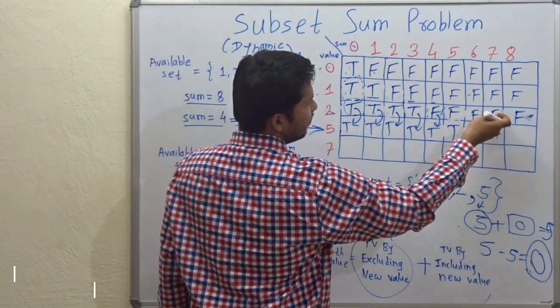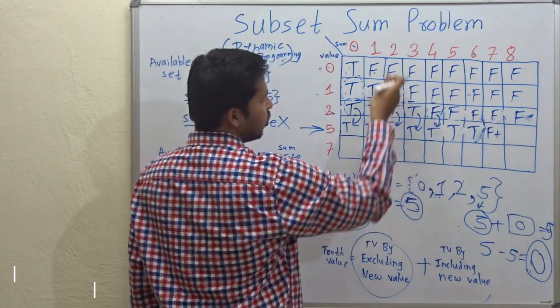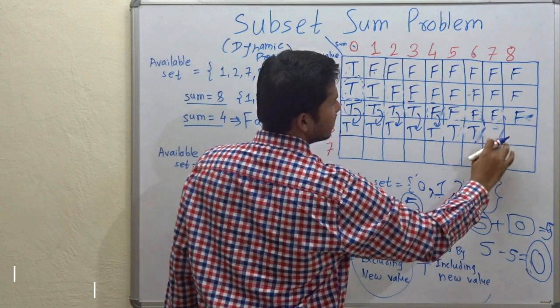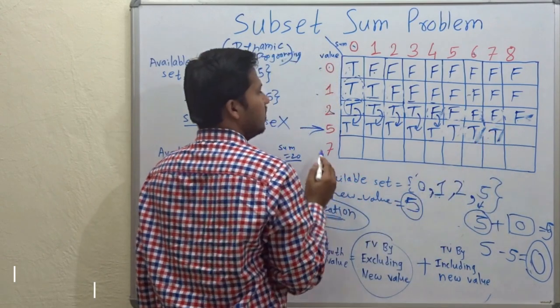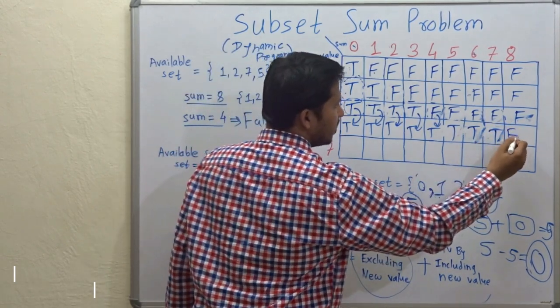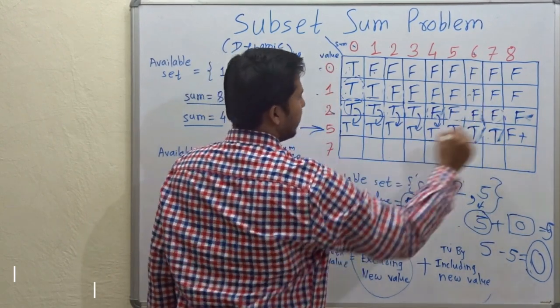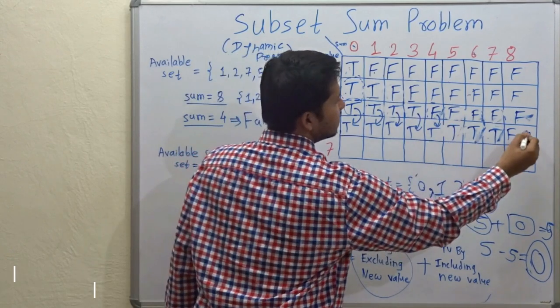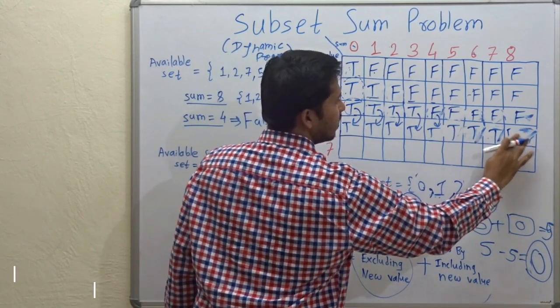So go in the upper row and go to the second column, that is true. So false or true is true. Okay. For 8, take the value from the upper cell, plus 8 minus 5 is 3. Go in the upper row, go to the third column, that is true. False or true is true.